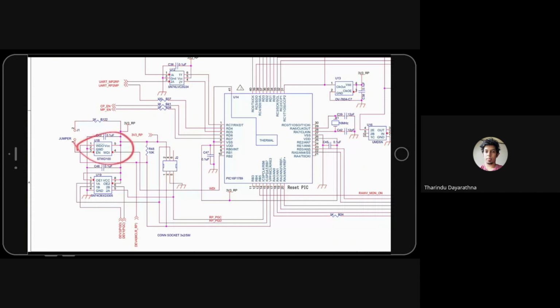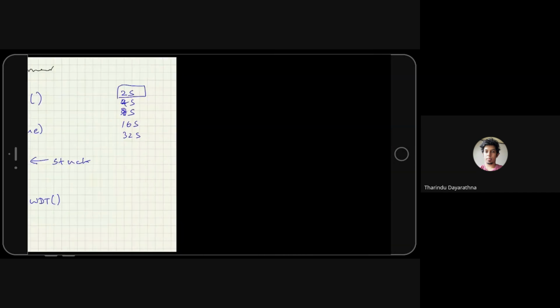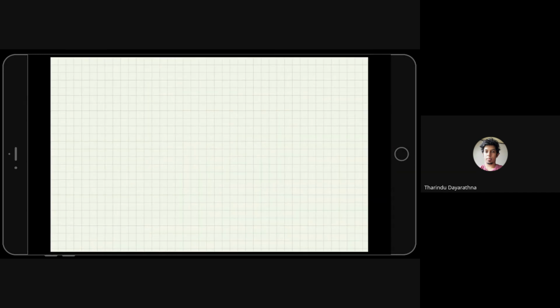Okay, so the way it happens is like this. We have the PIC IC. You remember I said there is an MCLR pin. We must pull this up to 3.3 volt. And we have an external watchdog timer IC.